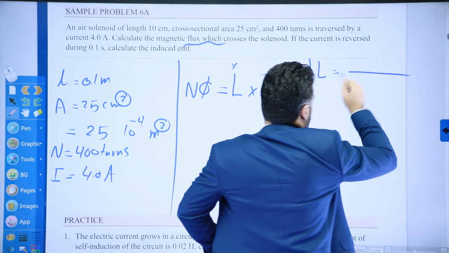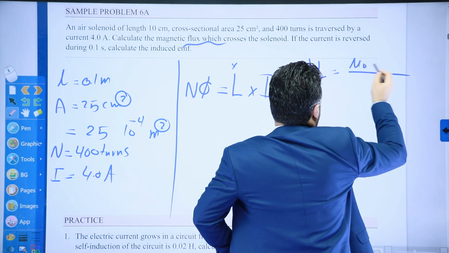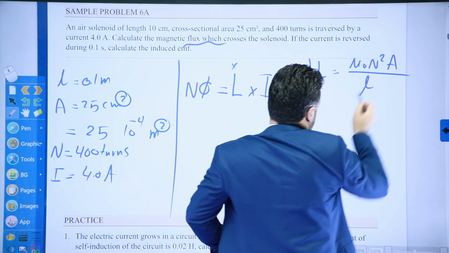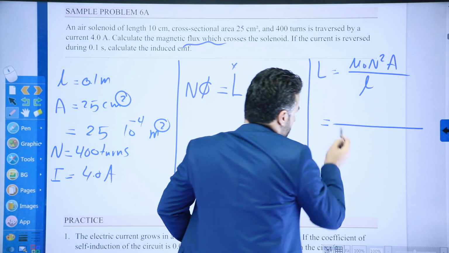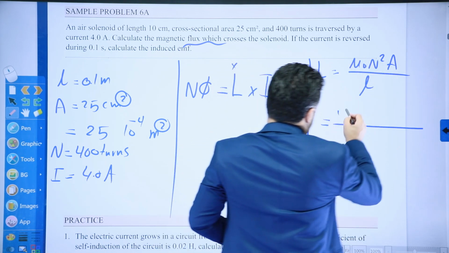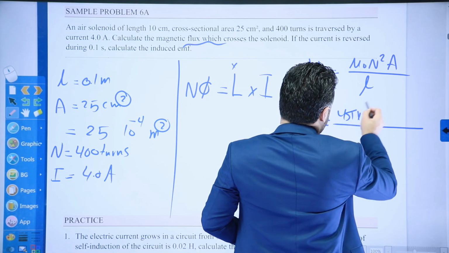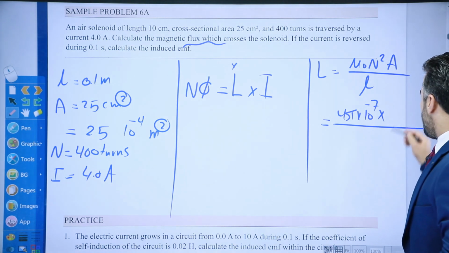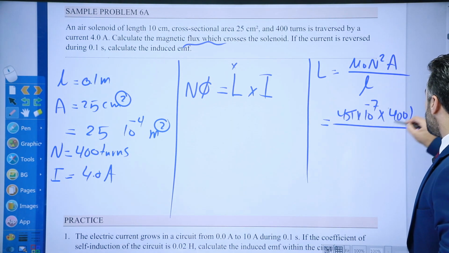Okay, so in this case, of course, we said mu naught multiplied by n squared, multiplied by cross-sectional area divided by the length here. So do you remember the coefficient of magnetic permeability? Very good. It was 4 pi times 10 to the power negative 7 multiplied by the number of turns, which is 400. But don't forget, it is 400 squared.